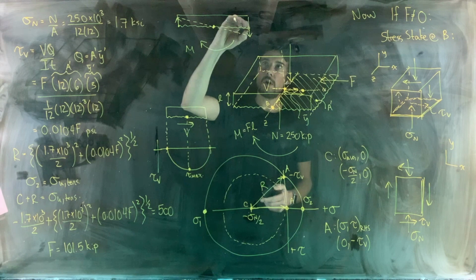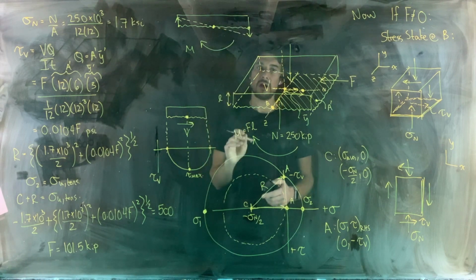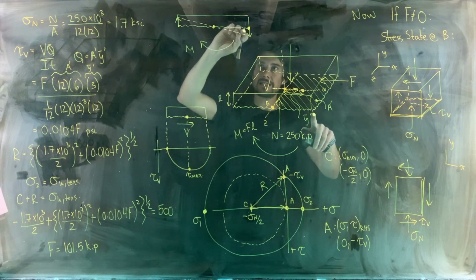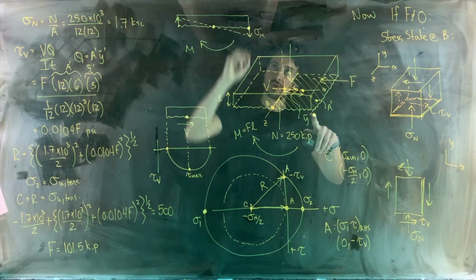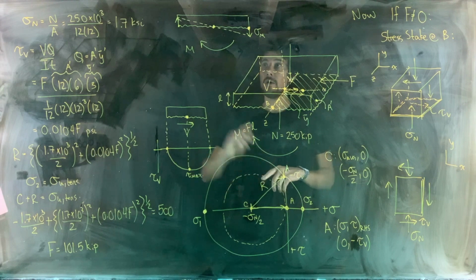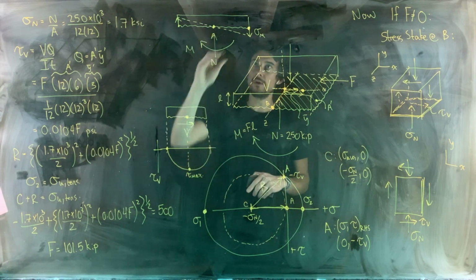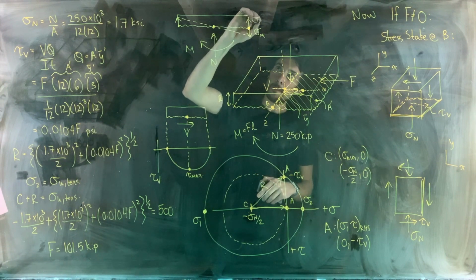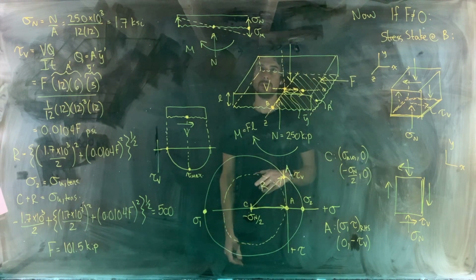So over on this far right-hand edge of this concrete pad, there is going to be a tensile stress created from the moment. So sigma subscript m is going to be a tensile stress created from the moment. Now, there's also the internal normal force that we know of course. So there's going to be also a compressive stress at this location, sigma subscript n.